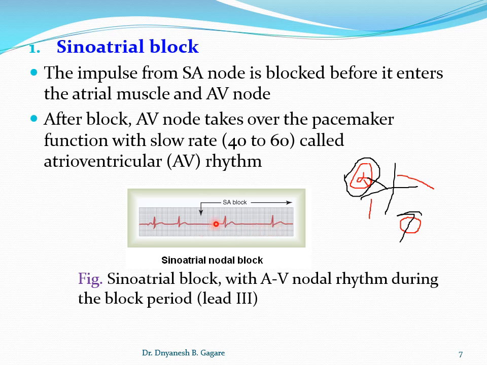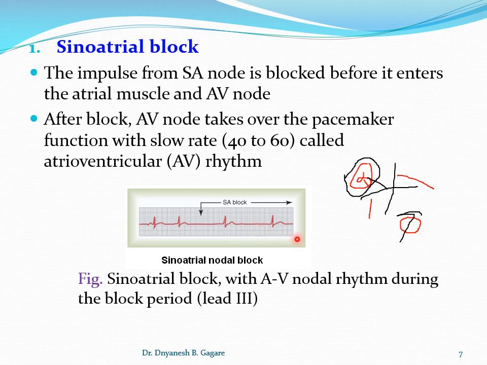Okay, so here see the P wave, here the P wave is there, but here the P wave is not there. And the second thing is that the heart rate also decreases. So this is the effect of SA nodal block. Okay, that is the sinoatrial block.